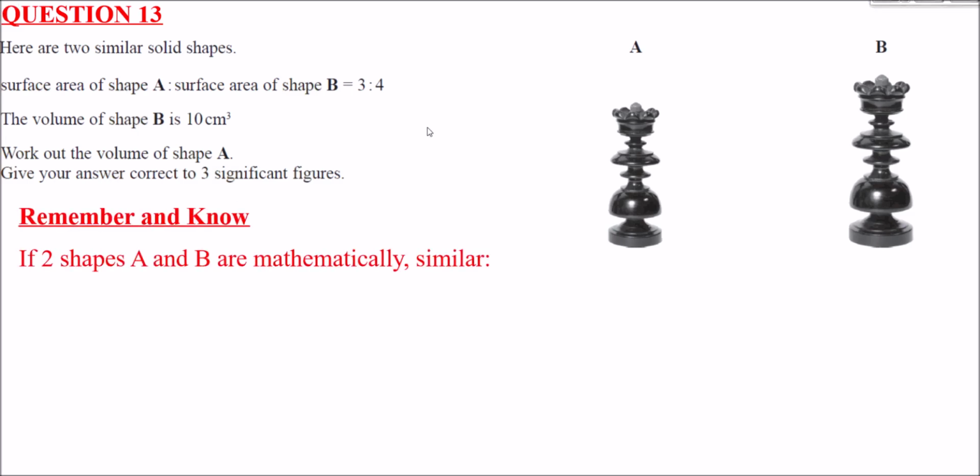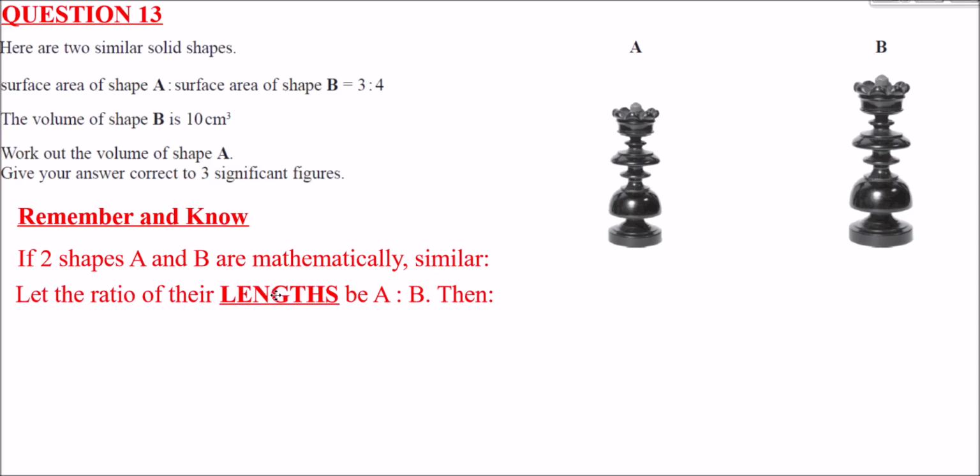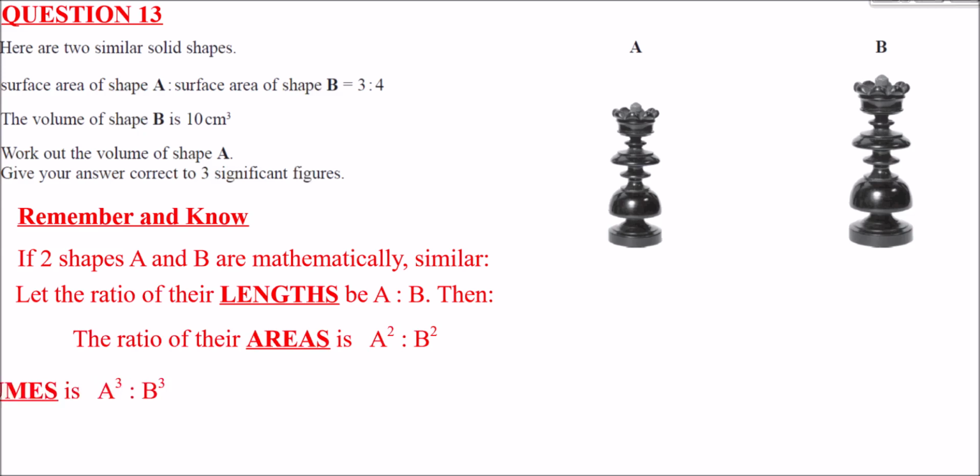if two shapes, call them A and B, are mathematically similar, then let the ratio of their lengths be a to b. Then what we'd have is the ratio of their areas is a squared to b squared, and the ratio of their volumes is a cubed to b cubed.